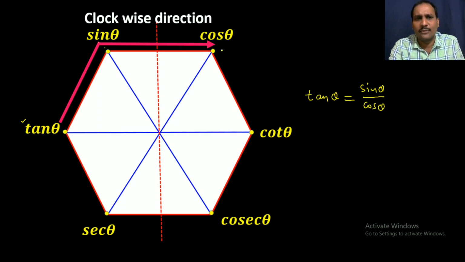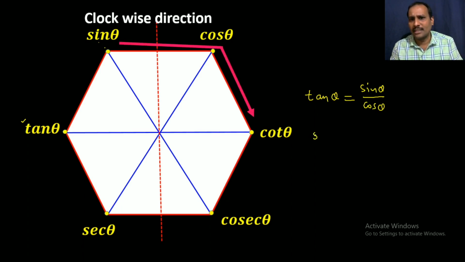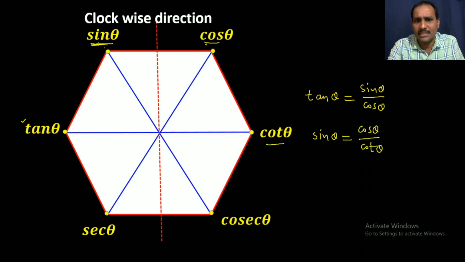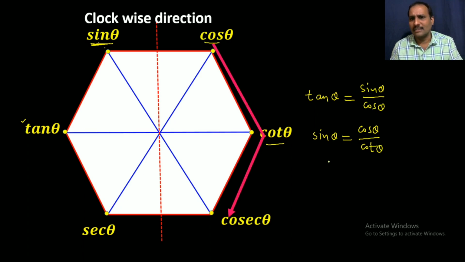Then I'll start from sin now. Sin theta is equal to cos theta by cot theta. Now I'll start with cos. Cos theta is equal to cot theta by cosecant theta.